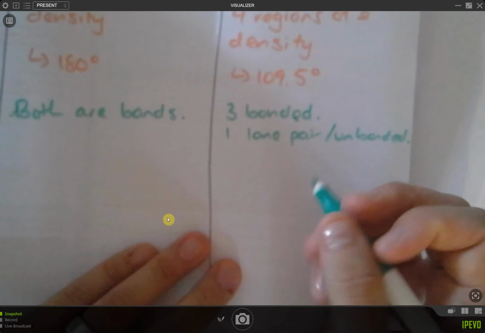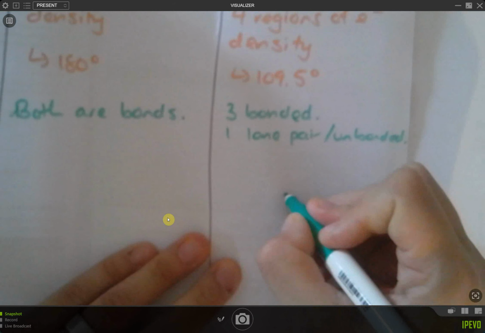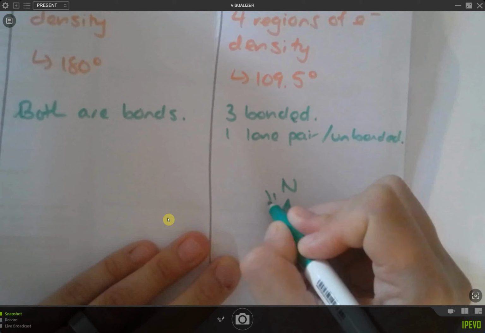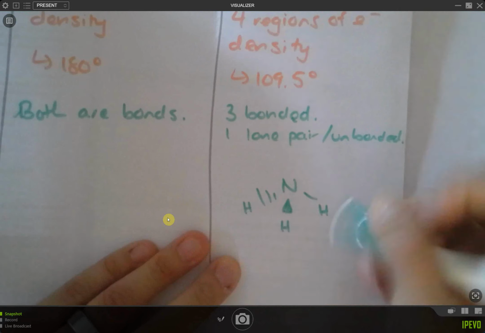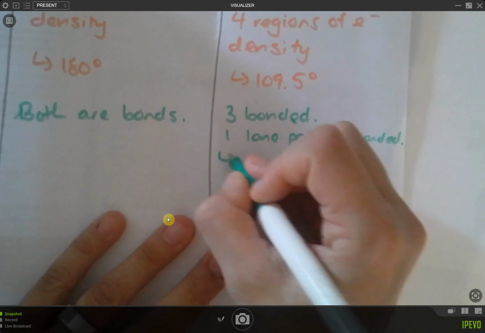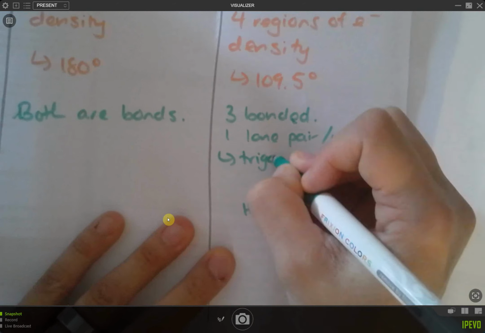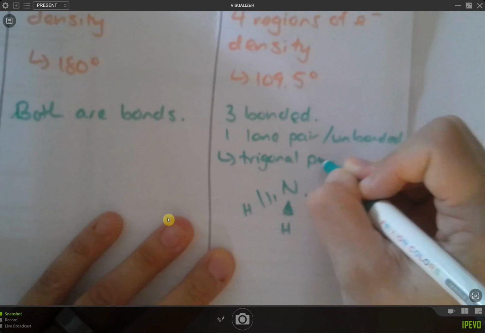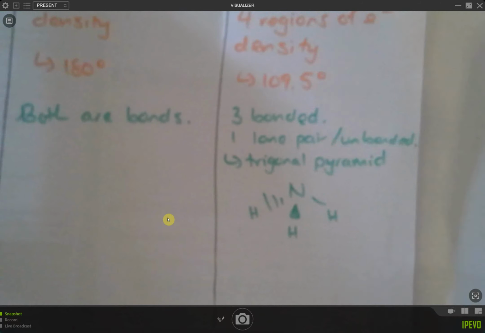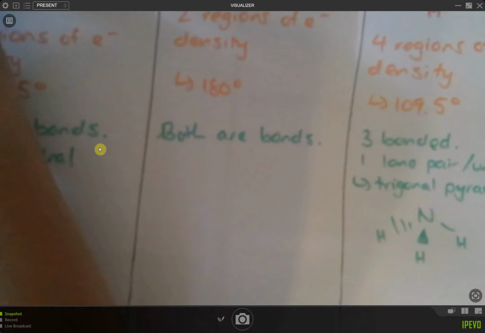We're going to go to methane, or not methane, ammonia. And we can see here how I've left that top bit blank. Oh, and I should write down the shape. That is a trigonal pyramid. Cool. So those are those two shapes.